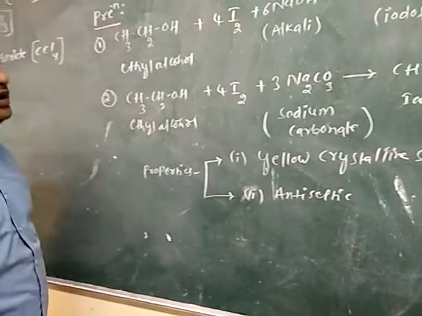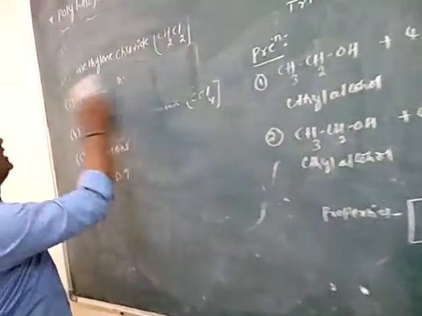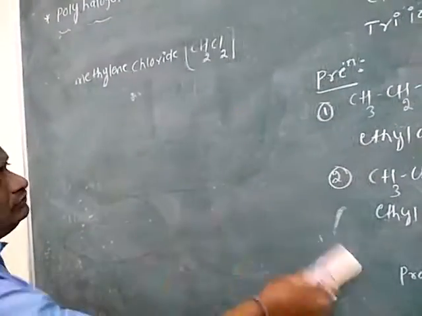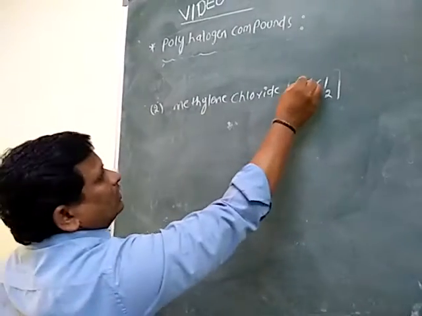So these are the properties of iodoform. Then the next compound is methylene chloride.